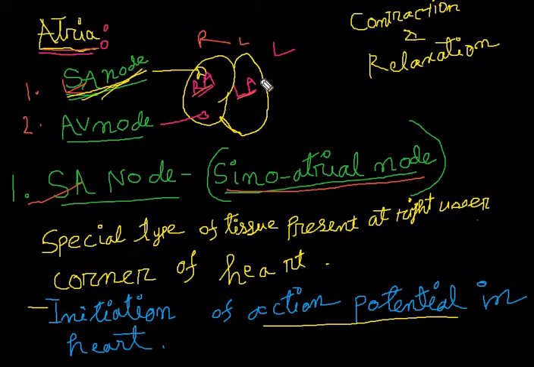Action potential is that potential which provides the ability of heart to contract and relax. Contraction and relaxation of heart is very important because it is the property of heart due to which heart is considered a circulatory system. Why? Because by the contraction and relaxation of heart, blood circulates throughout the human body.